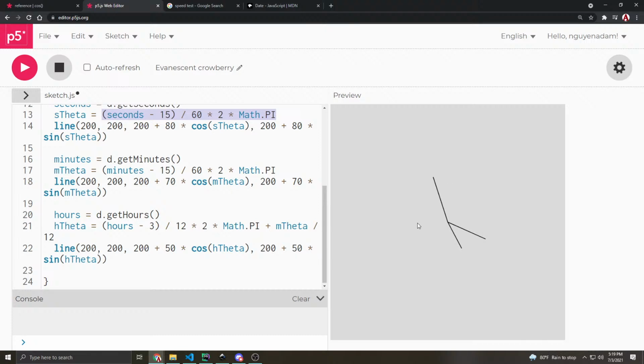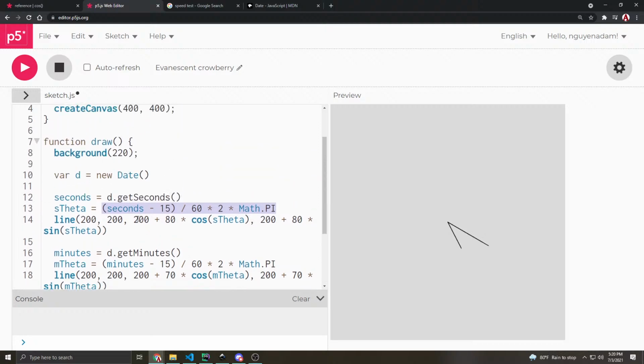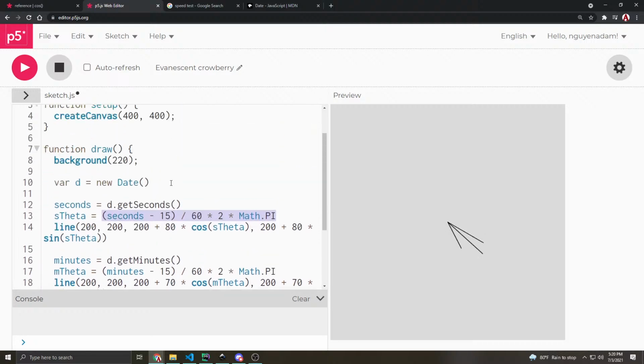And so we want to show that the hour hand has moved halfway to the next point. Since one full hour is a 12th of the circle, we can just add that to the end right there. 1/12 of the circle. Got it. I see what you mean. See, I never would have thought of that.